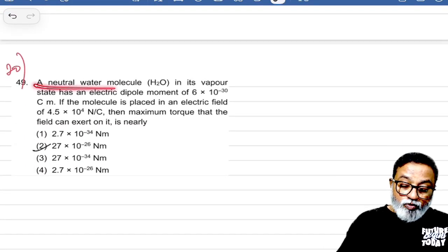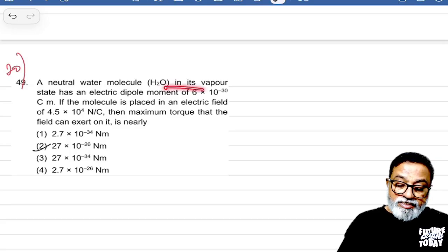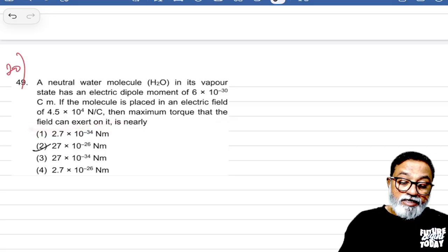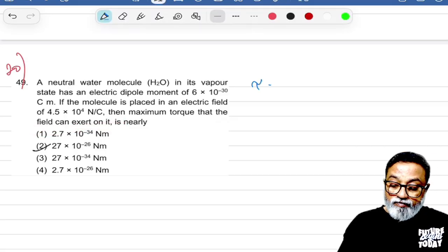Next one. A neutral water molecule H2O in its vapor state has an electric dipole moment 6 into 10 to the power of minus 30 coulomb meter. If the molecule is placed in an electric field 4.5 into 10 to the power of 4 Newton per coulomb, then the maximum torque that the field can exert is... See here, torque tau is equal to pE sin theta.